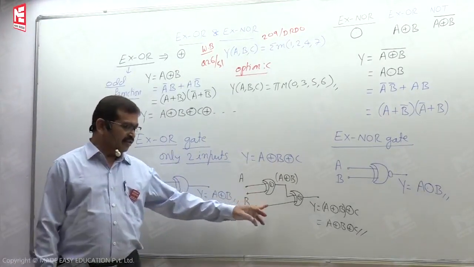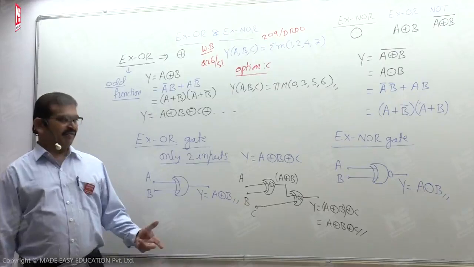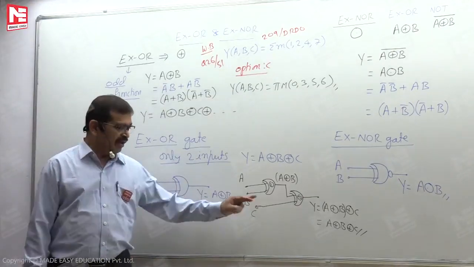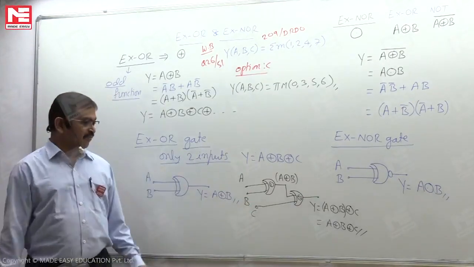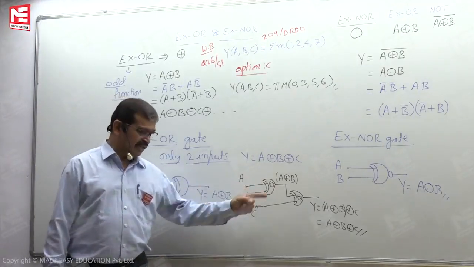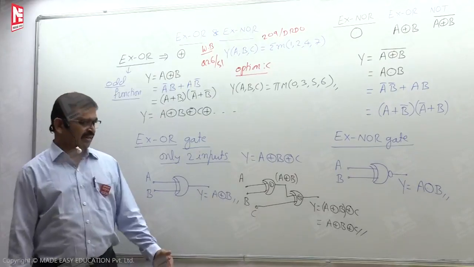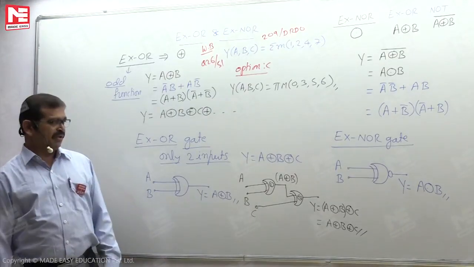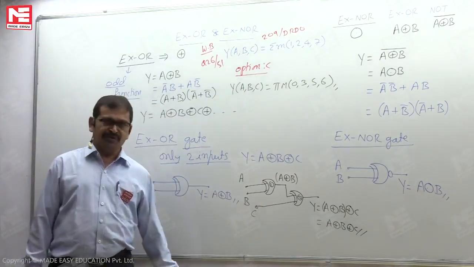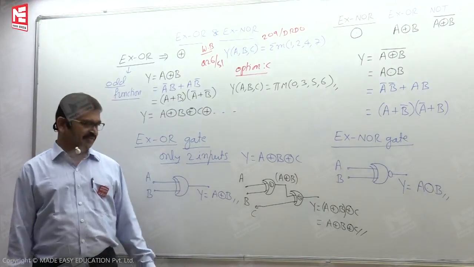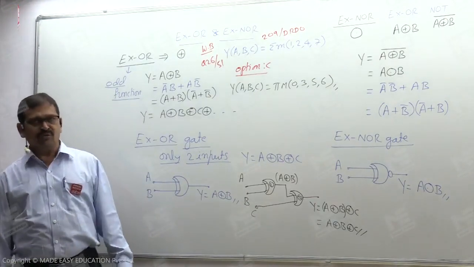This sort of connection we name a cascading connection. One output of a gate comes as the input of the next gate, which is named a cascading connection. So if you want XOR operation on more than 2 variables, this is the procedure we need to follow.